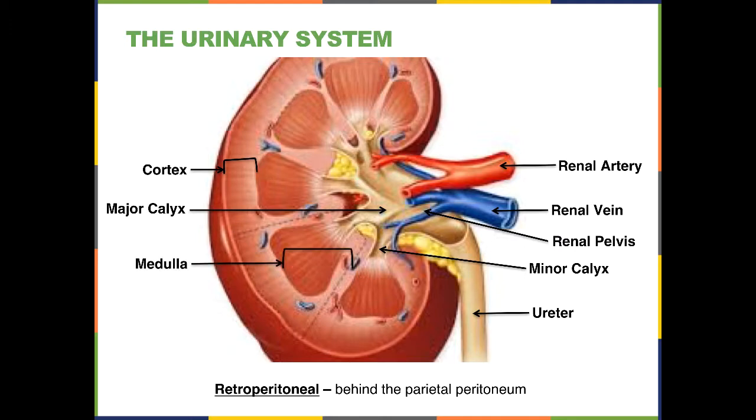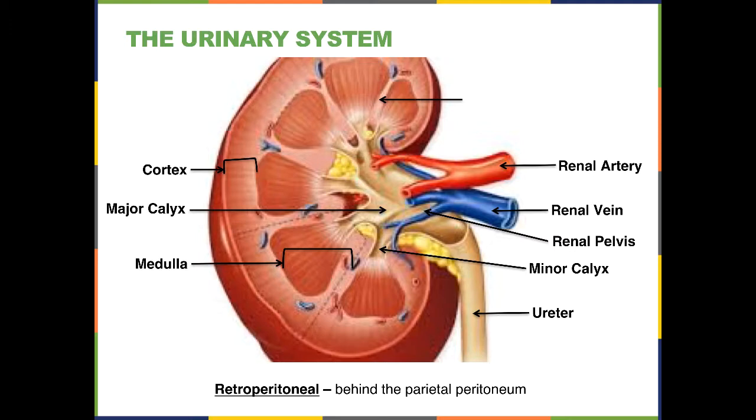The inside part, which is all the way until you get to the calyx, which is not easy to show here, but all the way in, that inside part is called the medulla, the renal medulla. So from the calyces out to the beginning of the cortex is the renal medulla, and then from the end of the medulla to the capsule is the renal cortex.